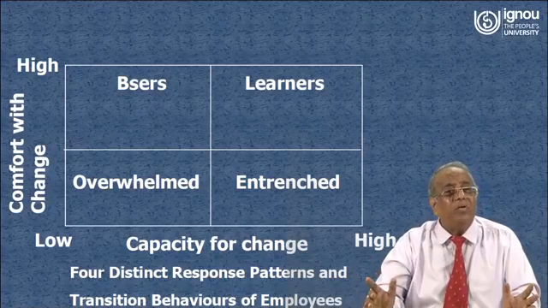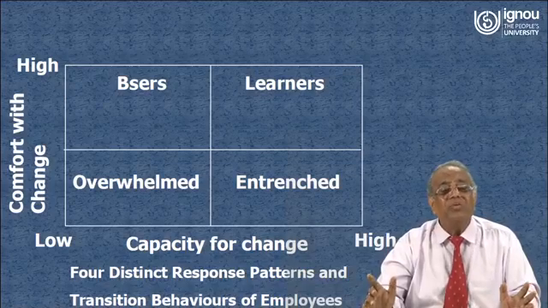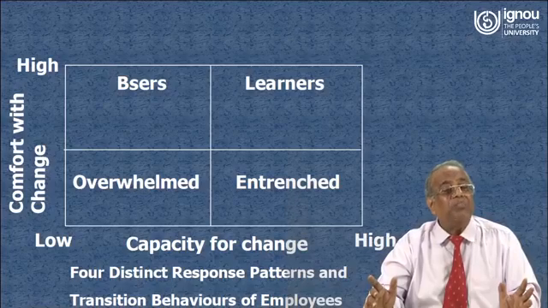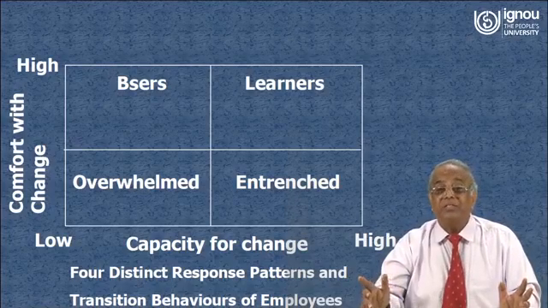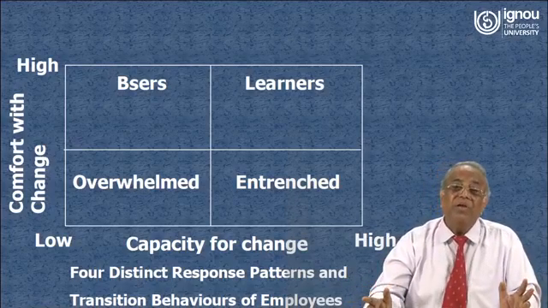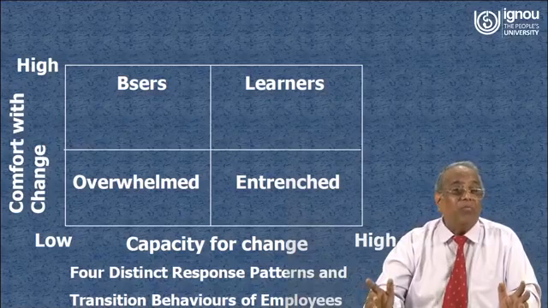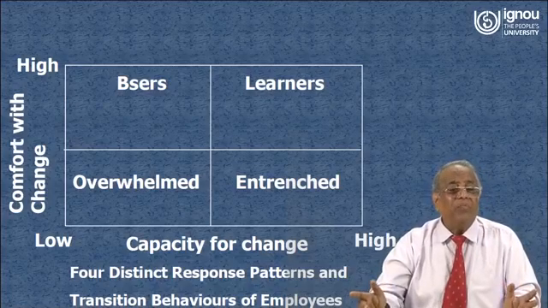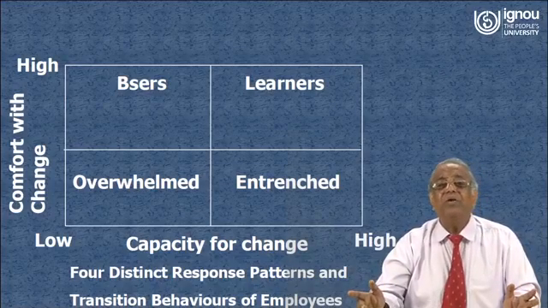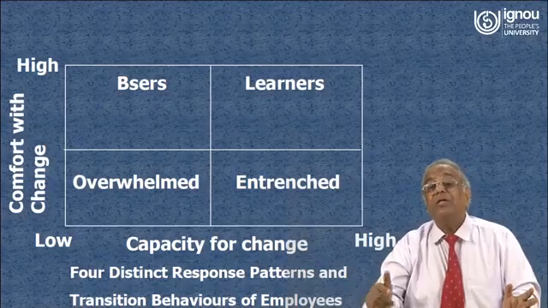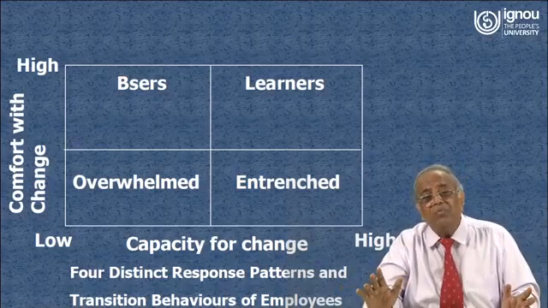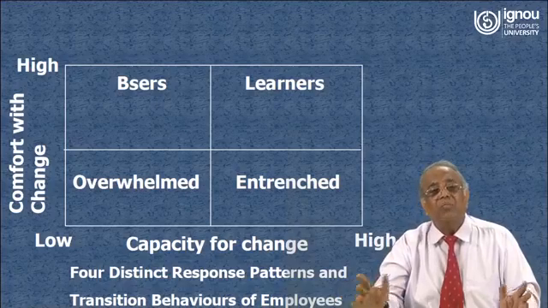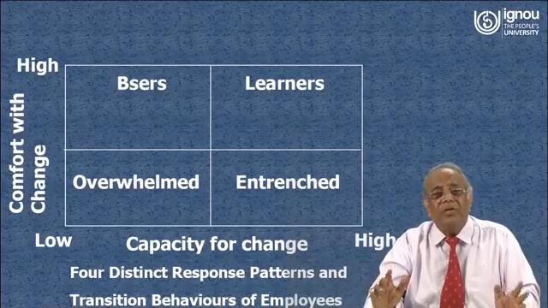They will not take part in the changing process because there is uncertainty and fear, but management can definitely take corrective action so that they also take part. We will come to that discussion later, but let us see the diagram.